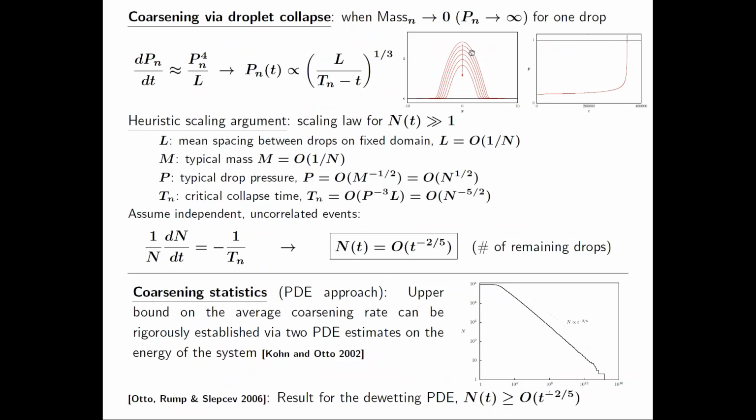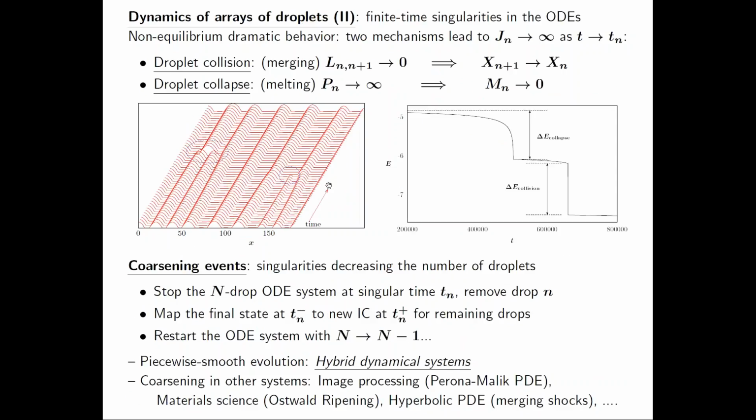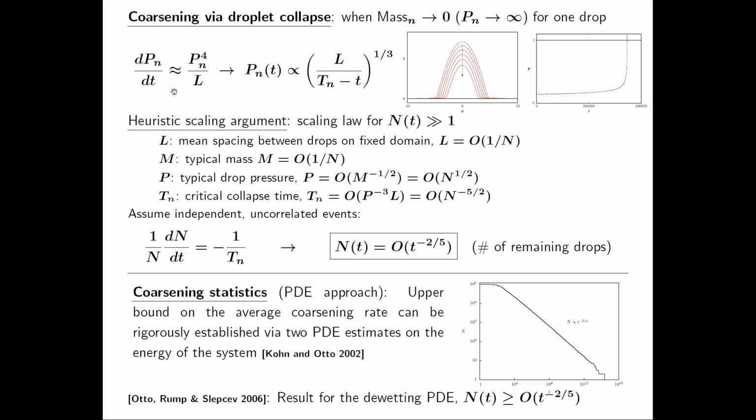So let me just describe a little bit more about how this collapse event happens for a single drop, and why it's going to be clear that it happens in finite time. As this collapses, it's losing mass to its surroundings, to the thin film, and to its neighbors. But the neighbors aren't really changing dramatically while that's happening. So I can effectively assume everything else is quasi-static and just look at the pressure evolving for that one drop.